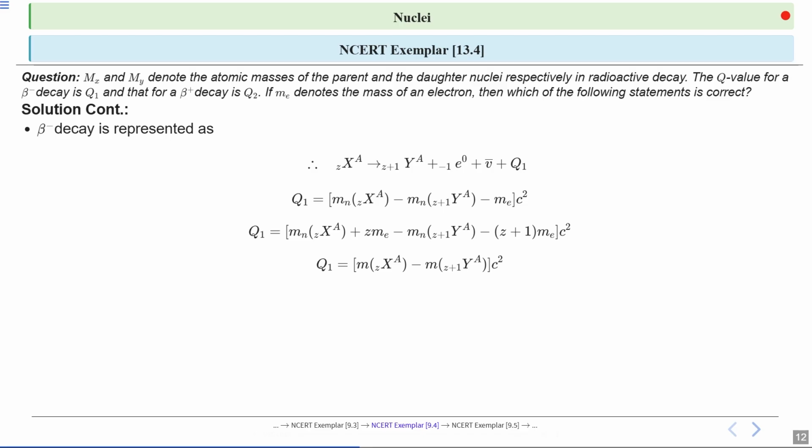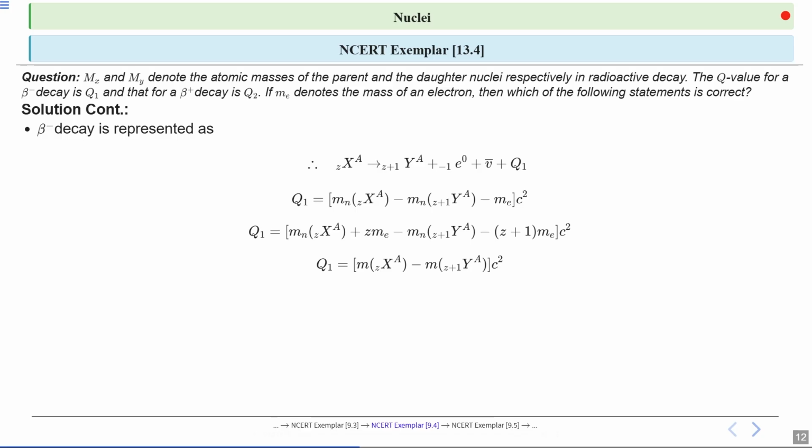So Q1 equal to, now this M is the mass of the parent atom, minus the mass of the daughter atom. Why are we now considering the mass of the whole atom? Because we have added the mass of electrons to the mass of nucleons.